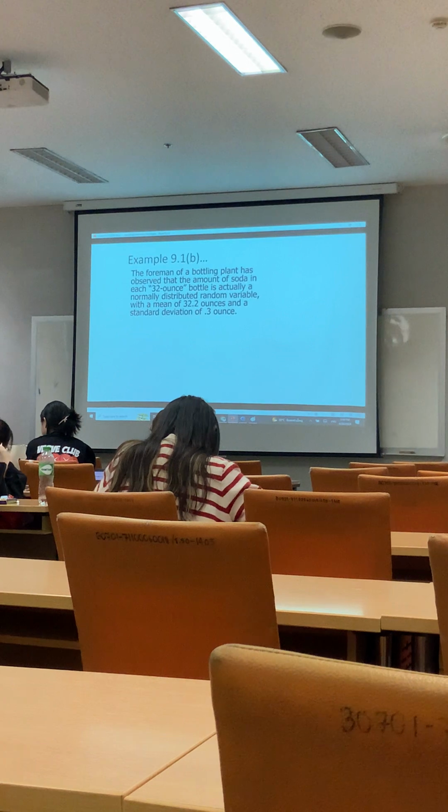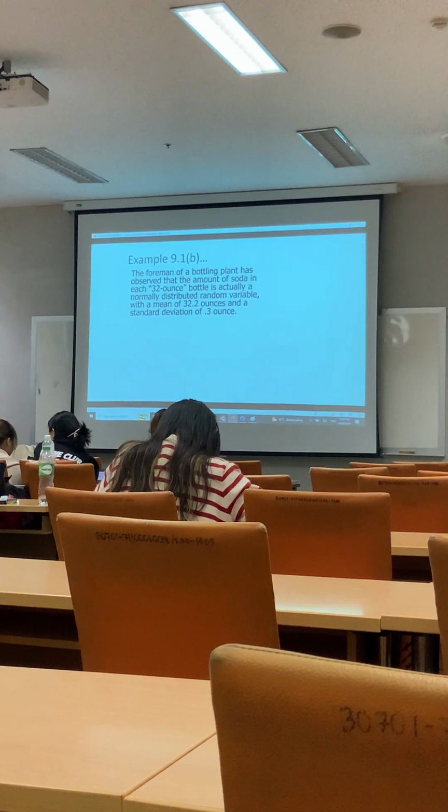The foreman of the bottling plant, again, observes that the amount of soda in each 32-ounce bottle is normally distributed with mean 32.2 and SD of 0.3. So this is the same as before. Now, look at what changed.